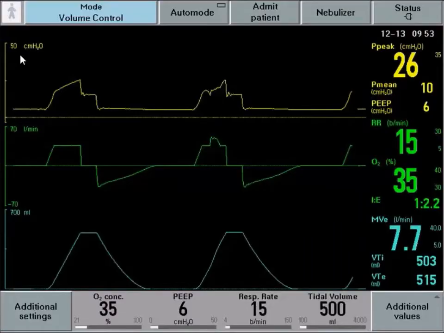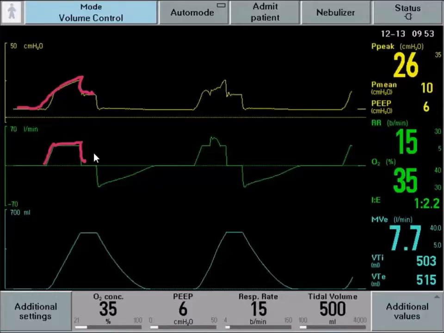Now, how does the dual targeting scheme work in the Servo-i volume control mode? Here's a screenshot of an example of what happens. If we look at this first breath waveform, it looks like pretty much a normal volume control breath. I have a pressure rise, then a little plateau, and a constant flow waveform, which is what we see with volume control ventilation.